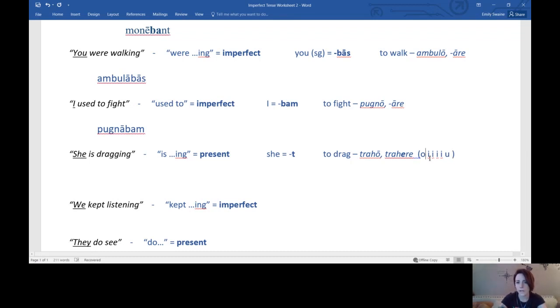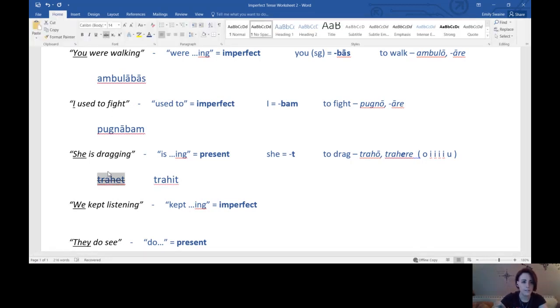Okay, so this is an O-I-U verb, meaning when you go to that second form and when you cut off that R-E, it looks like your answer is trahet, but it's not. Okay, remember that short E is going to transform to O-I-U. So it is not trahet, guys.